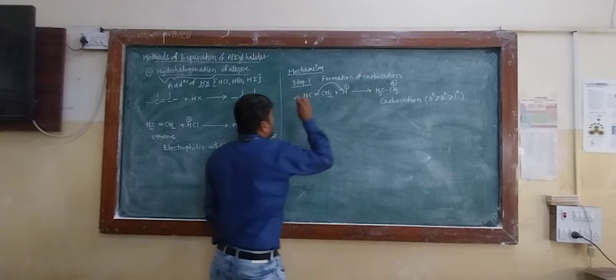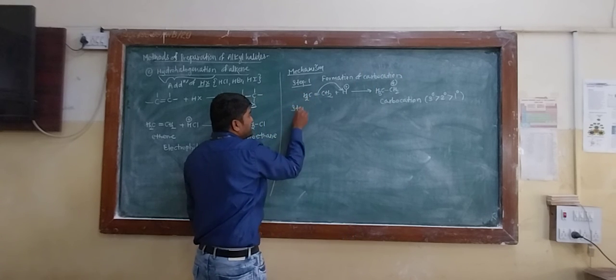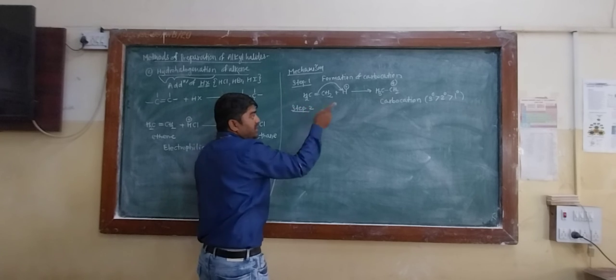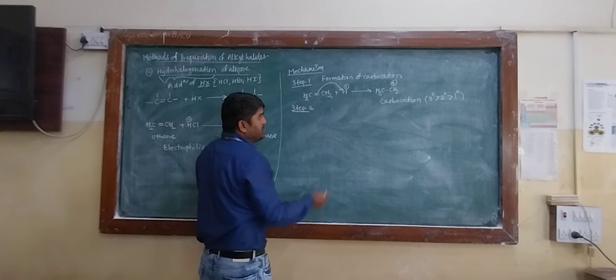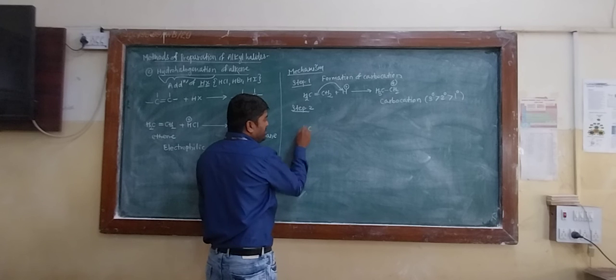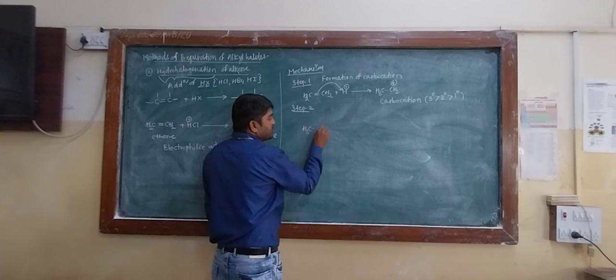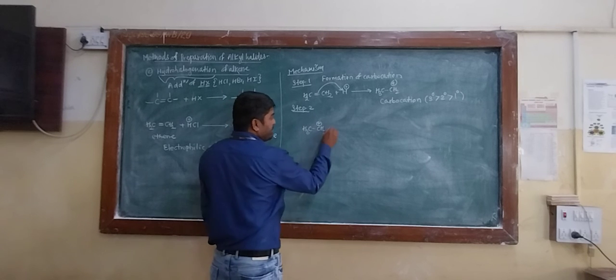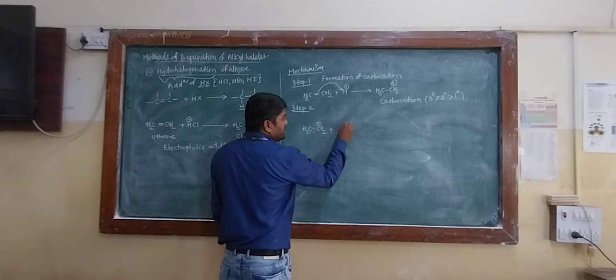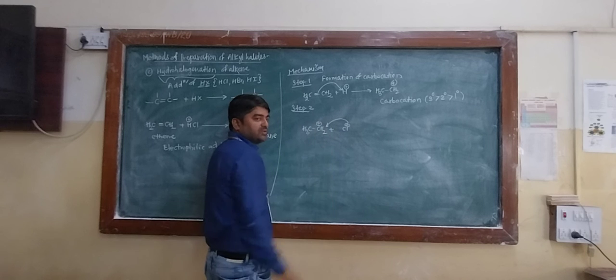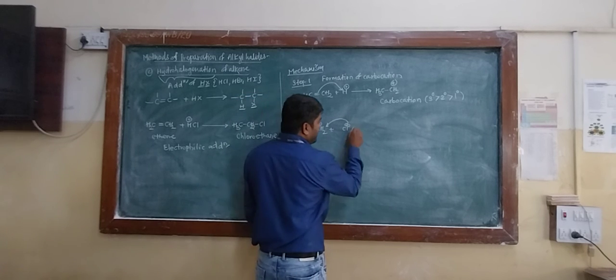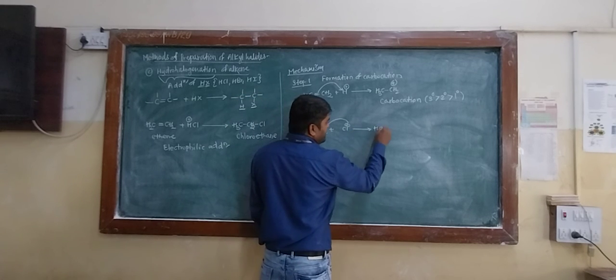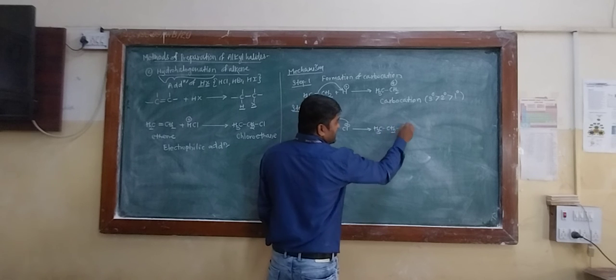The second step involves the attack of the nucleophile on the positively charged carbon atom. So CH3CH2+ is the reaction intermediate formed in step 1, plus the nucleophile Cl-. So Cl- attacks the positively charged carbon. And what you get? You get CH3CH2Cl.